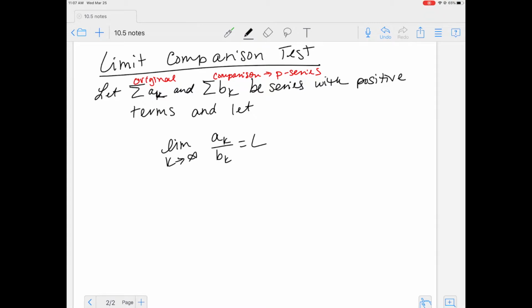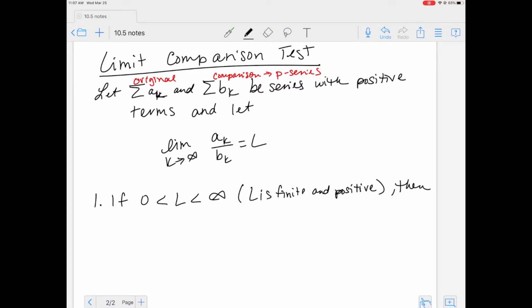So here's the first criteria: 0 is less than L, which is less than infinity. That is, L is a finite positive number. Then the series A sub k and the series B sub k either both converge or diverge.